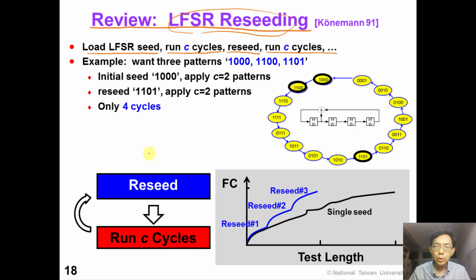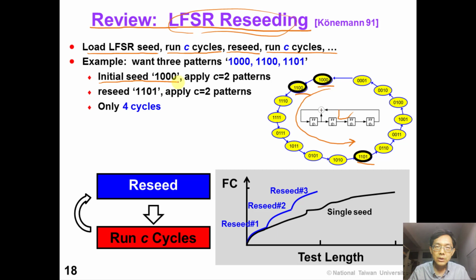For example, given this LFSR, suppose we want 3 test patterns, 1000, 1100, and 1101. Instead of letting the LFSR run freely for 9 cycles, we can try to reseed to save test time.